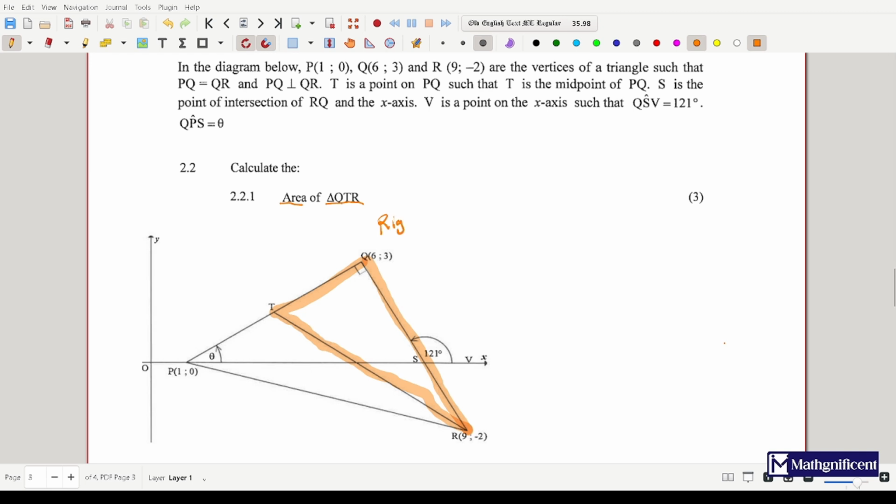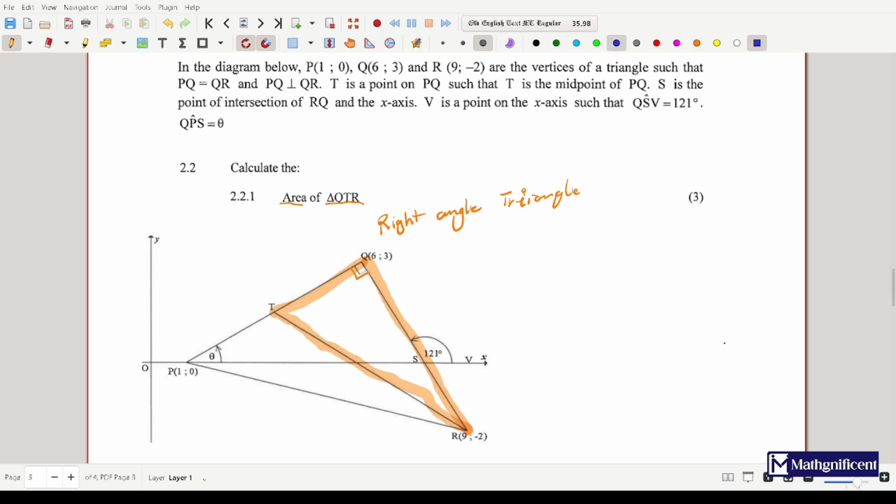This is the first thing that we notice from this. Remember, we can say this since it is clear that we have a right angle triangle here. So from this we move on to analyzing the whole question.